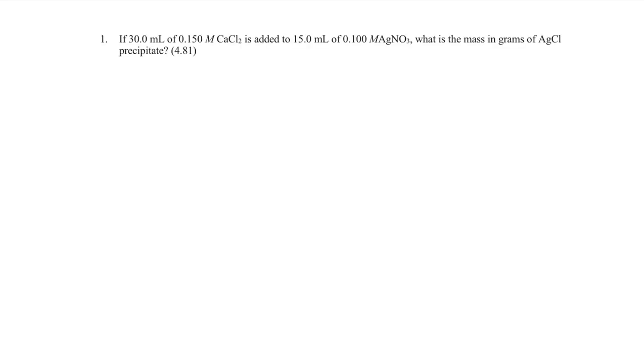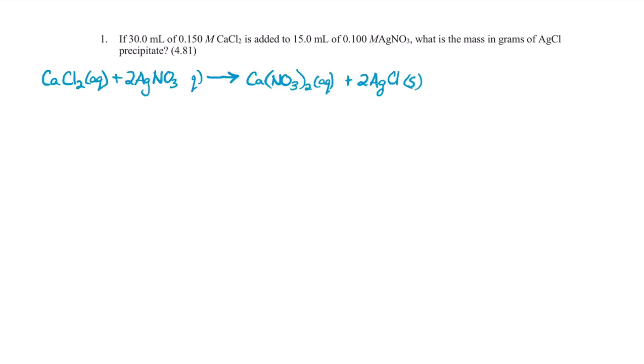In our first problem, we're told the amount of calcium chloride added to a specific amount of silver nitrate, and we're asked what is the mass in grams of silver chloride precipitate. Problem is we don't know if either of these is in excess, so we'll need to begin this with a limiting reactant analysis.